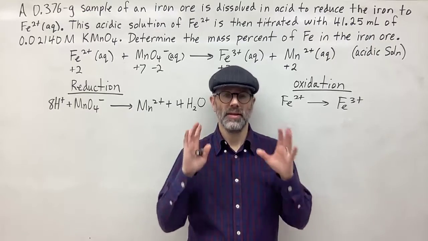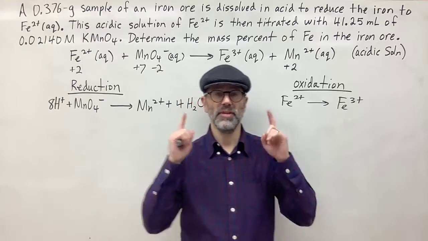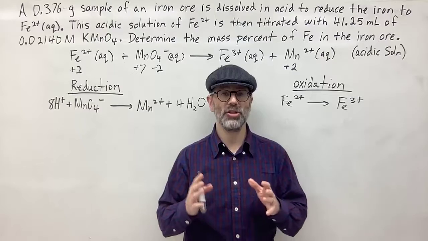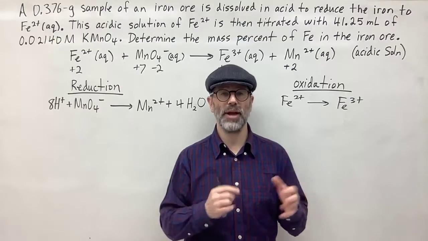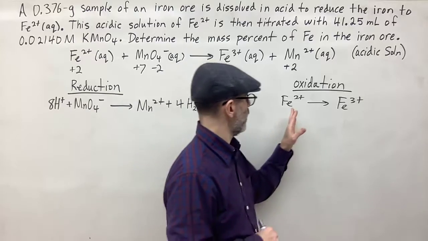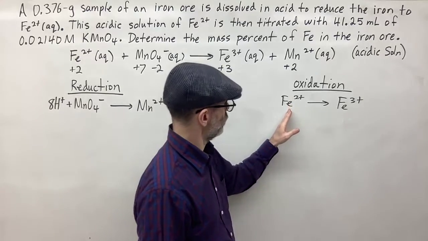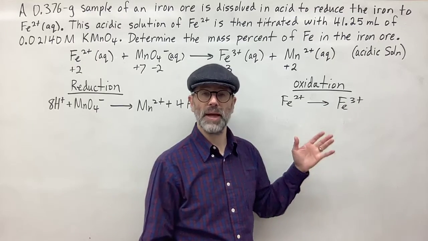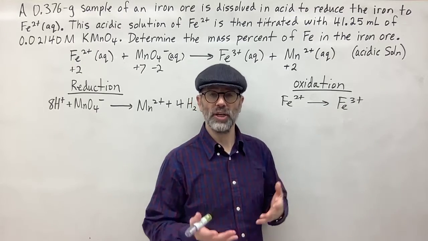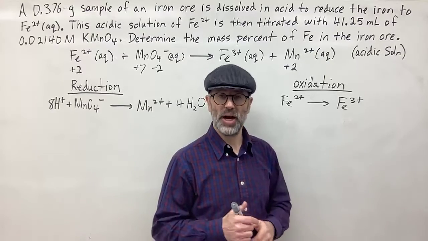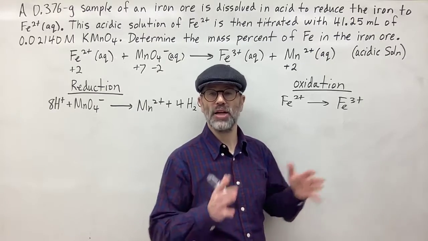Now that we have that done, the next thing is we need to balance the charge. We need to make sure that both sides of both half reactions have the same charge. So let's look over here. We have a 2 plus charge over here. We have a 3 plus charge over here. We need to make them even. The only way we can do that is to add electrons. So we've got to add electrons to the right side.